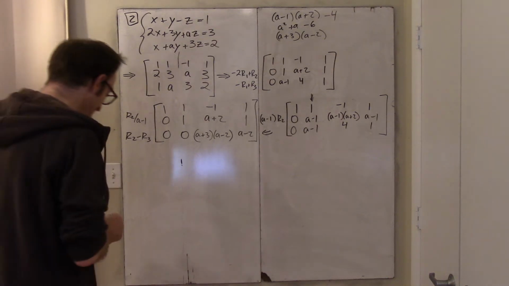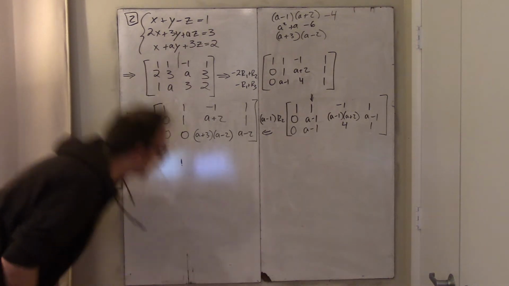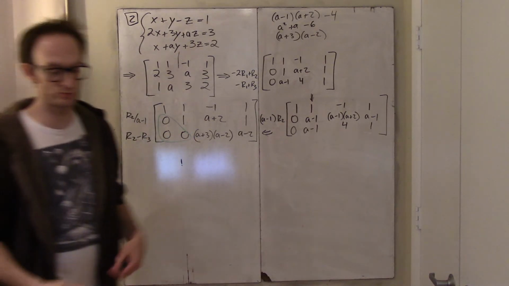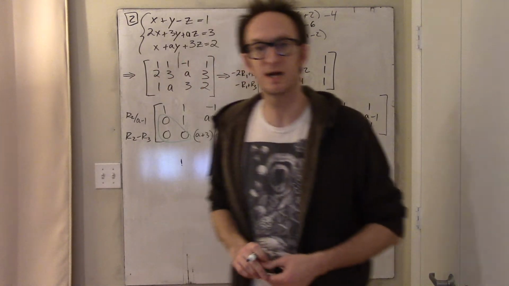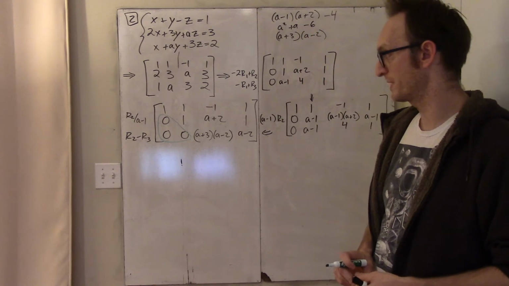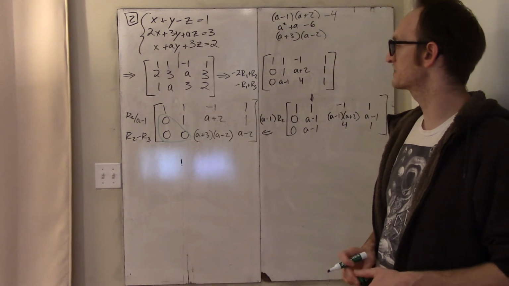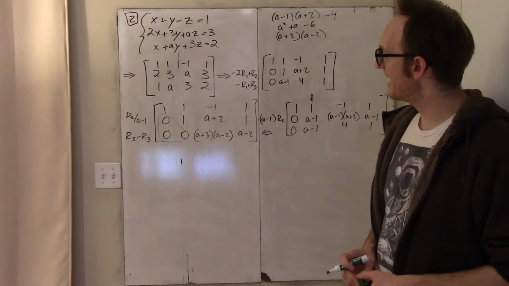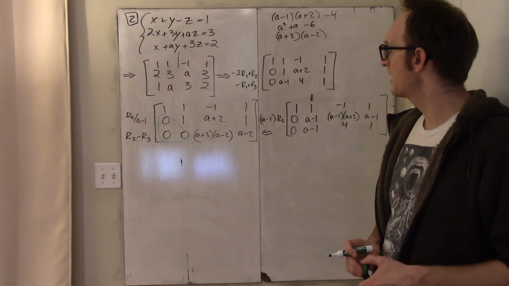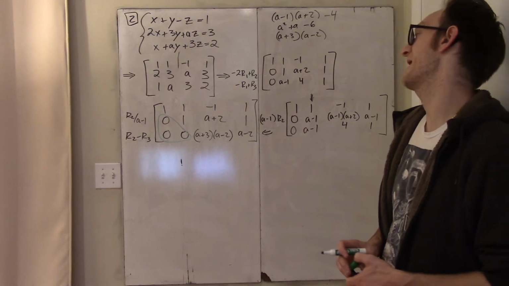When I say basically done, I mean I have this triangle of zeros here, so I could do more, but Gaussian elimination can stop once you get this triangle of zeros.